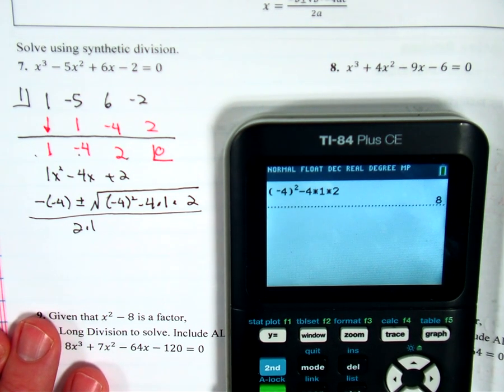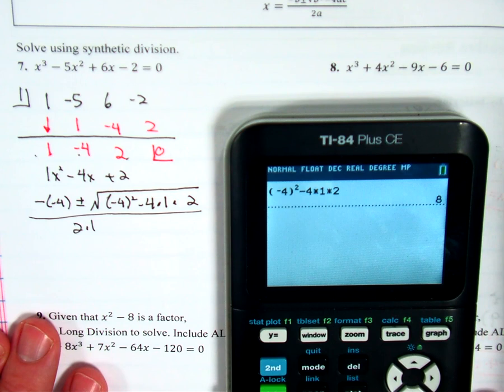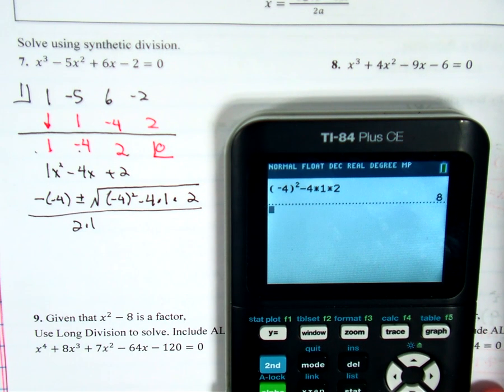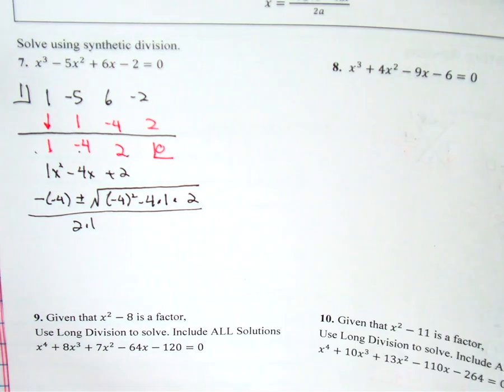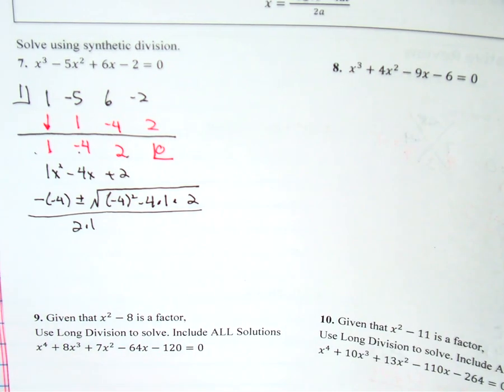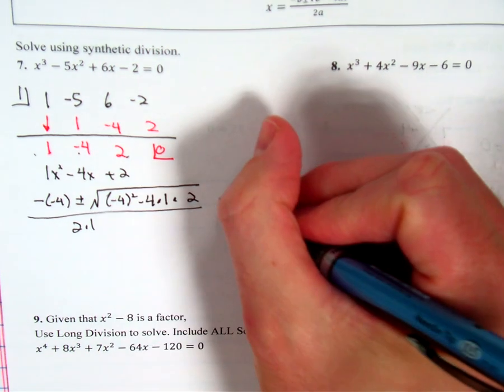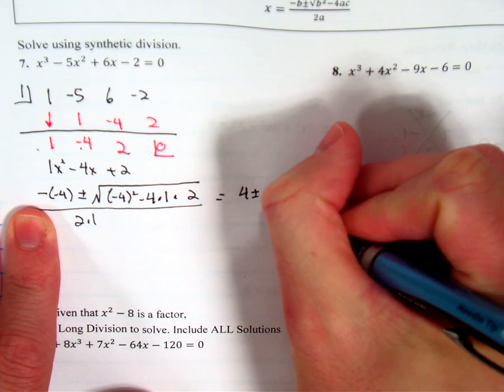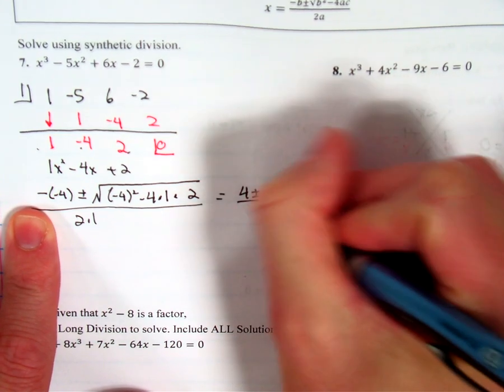And inside the square root, we should have 8. Okay, again, that's pretty small. This one does have potential to have a bigger number under the square root signs. And you should be prepared. We just had that on 4a, reducing those radicals. So this is going to be positive 4 plus or minus the square root of 8 over 2.